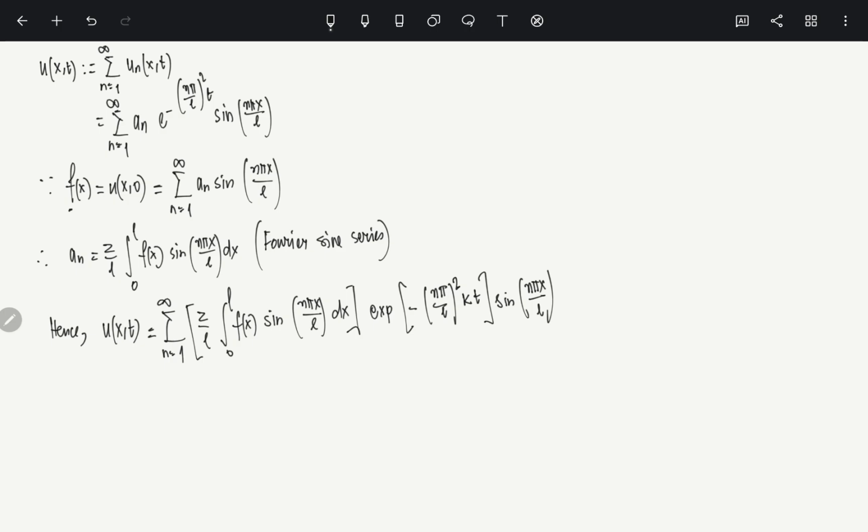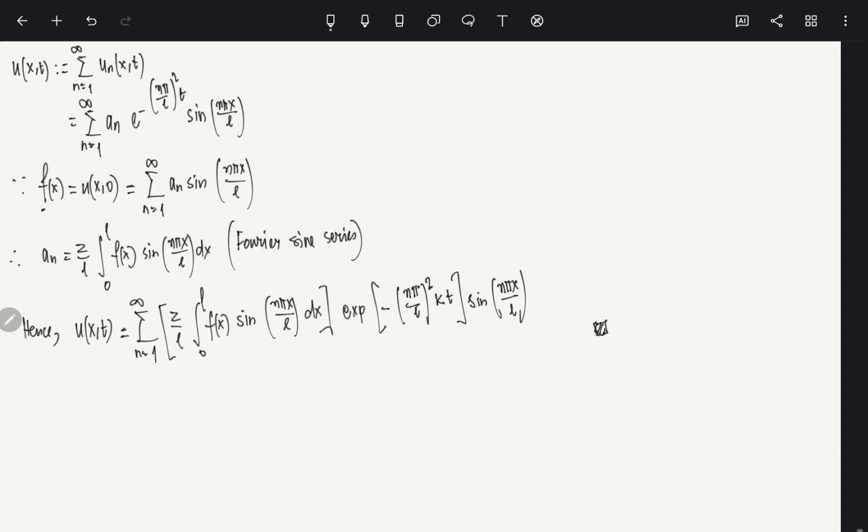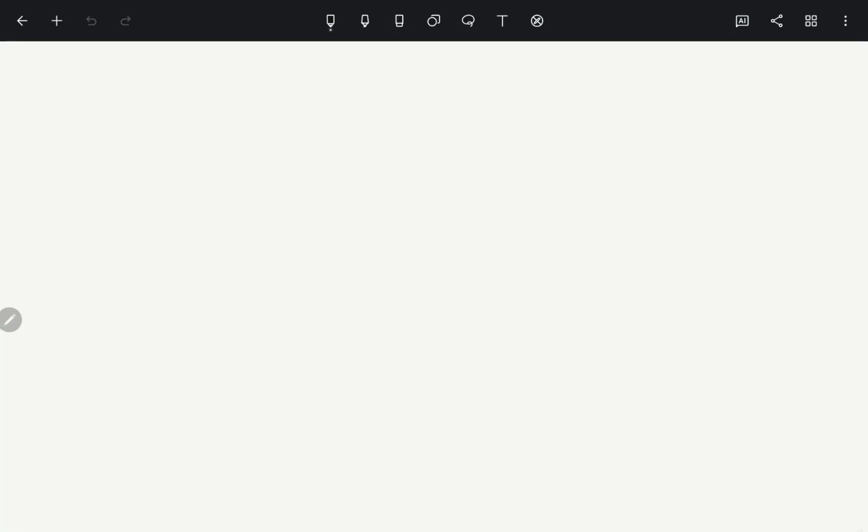Yes, so this is the formal solution of the heat conduction problem. Is it okay? So this is exactly the problem which Fourier discovered.